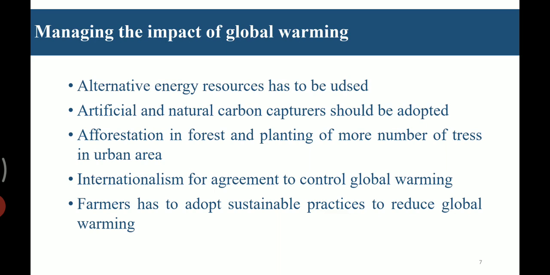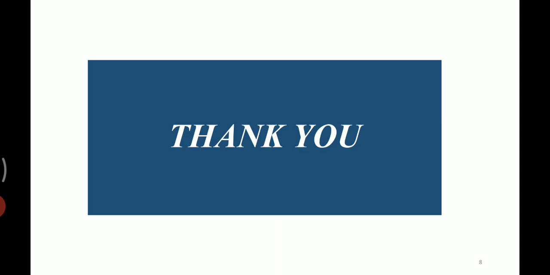For that, a lot of summits have been conducted at the international level, so that most of the countries participate in those summits, in which they have discussed a lot of things regarding the controlling of the global warming effect. Farmers have to adopt sustainable practices to reduce global warming.